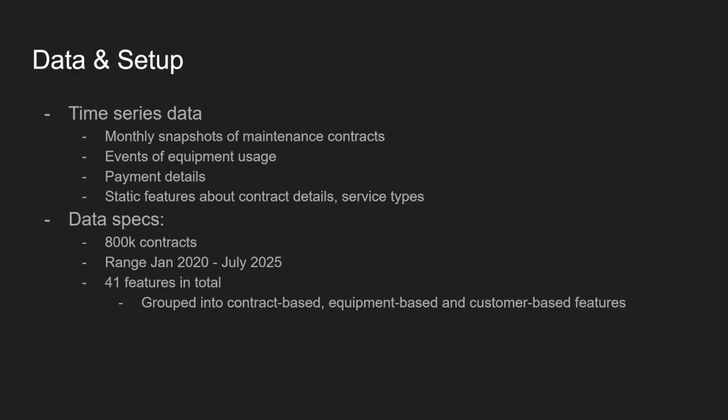So the data within contract then is event data of equipment usage, some payment details, and additionally some constant features about contract details and service types, etc. Some specs from the data then, 800,000 contracts in total, ranging from January 2020 to July 2025, with 41 features in total that I grouped for convenience into contract-based, equipment-based, and customer-based features.